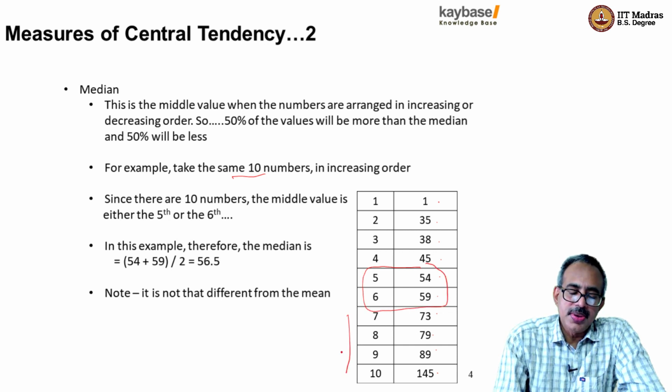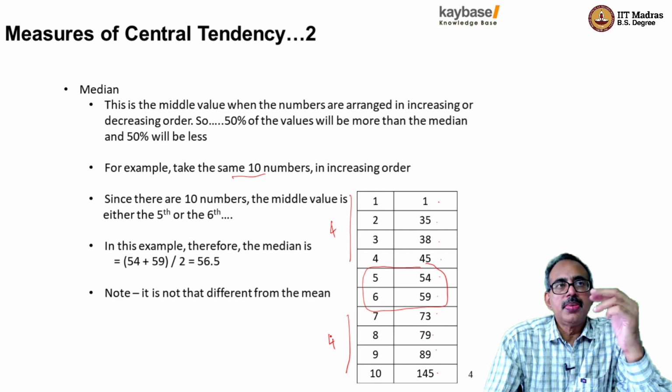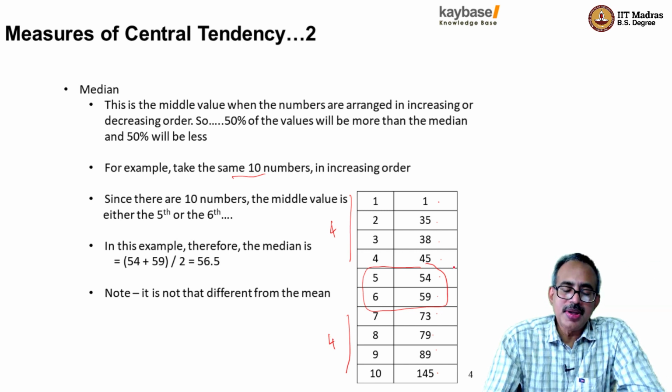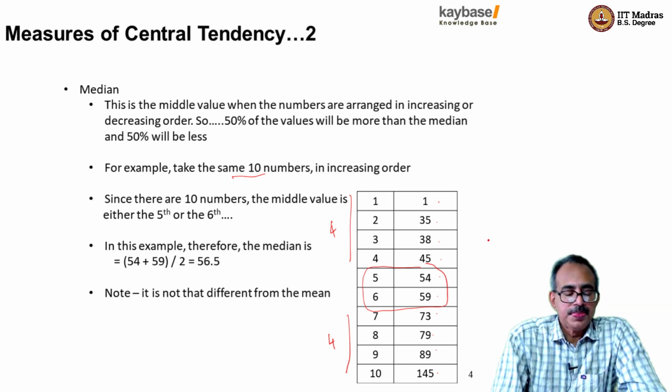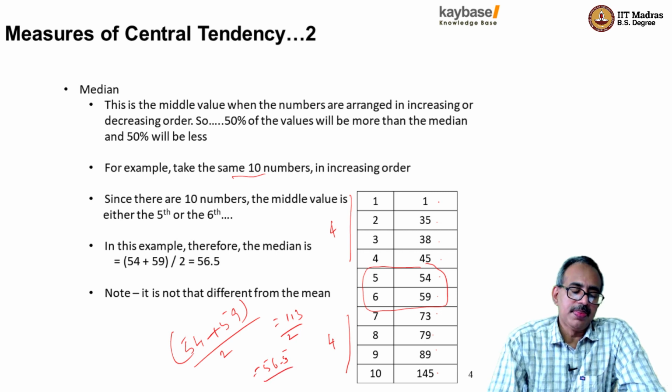So there are 4 this side, 4 that side, right? So there's no one median here. There are two median values, really speaking. So we will take the mean of those two, which is 54 plus 59 by 2, that is 113 by 2, that is 56.5.